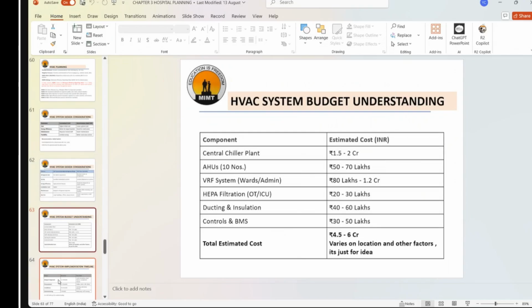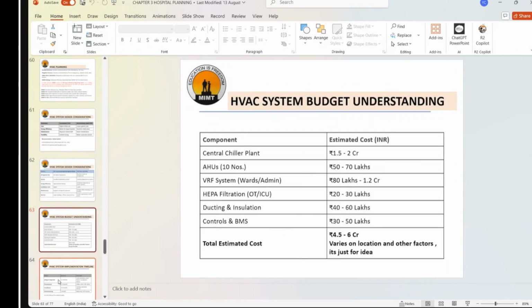HEPA filtration costs 20 to 30 lakhs for the OT and the ICU. Ducting and insulation, as you see in the hospital, different kinds of AC vents are made, and they cost 40 to 60 lakhs.